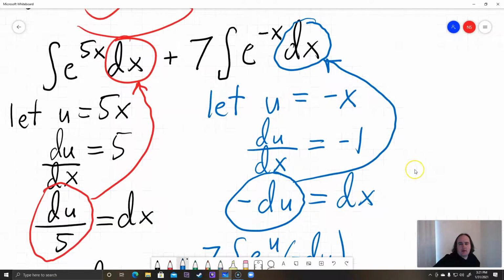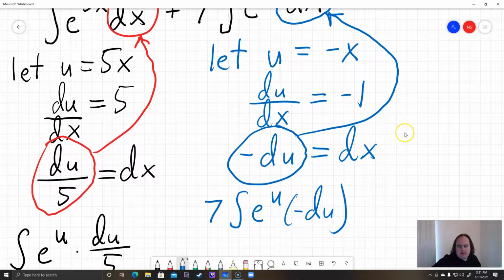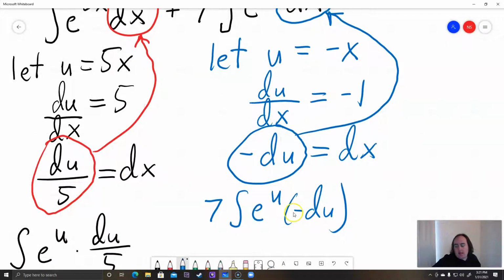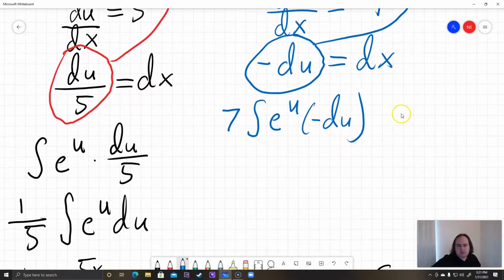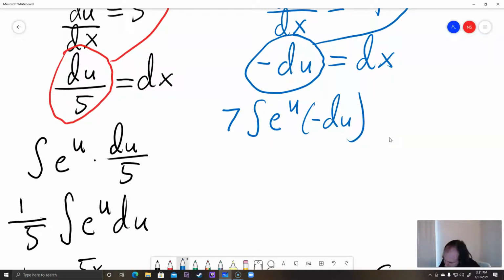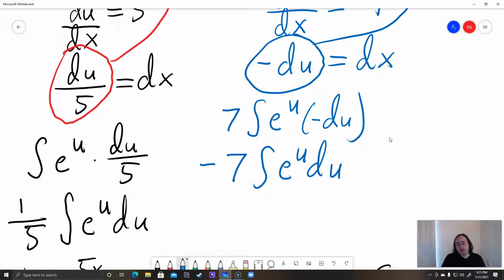And then after that, we can factor the minus out front. Once again, inside of the integral, we're just going to have e to the u du, and the integral of e to the u is just e to the u. So we're going to have minus 7 times e to the u.